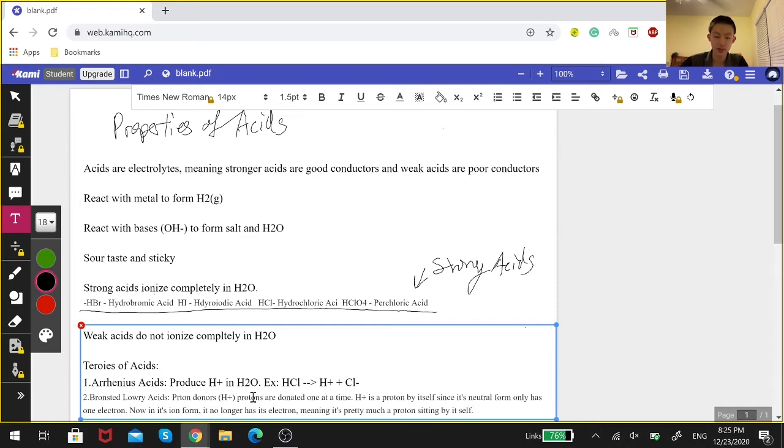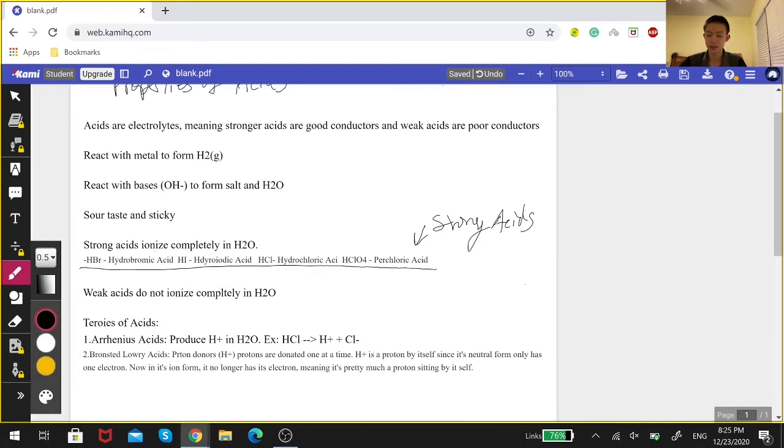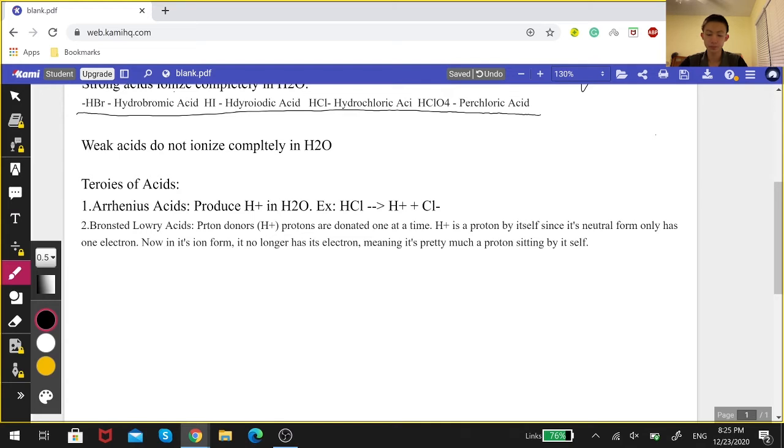An example of a Bronsted-Lowry acid is HSO4 minus plus H2O. This H is a proton donor, so it will donate a proton to the water. And now what would that form?